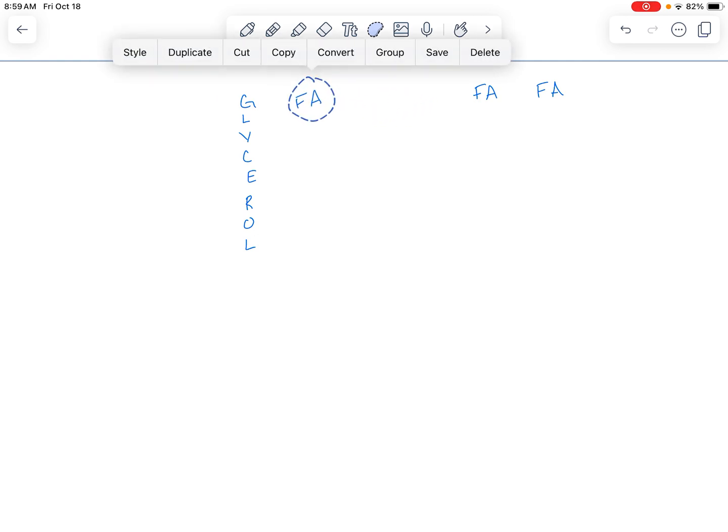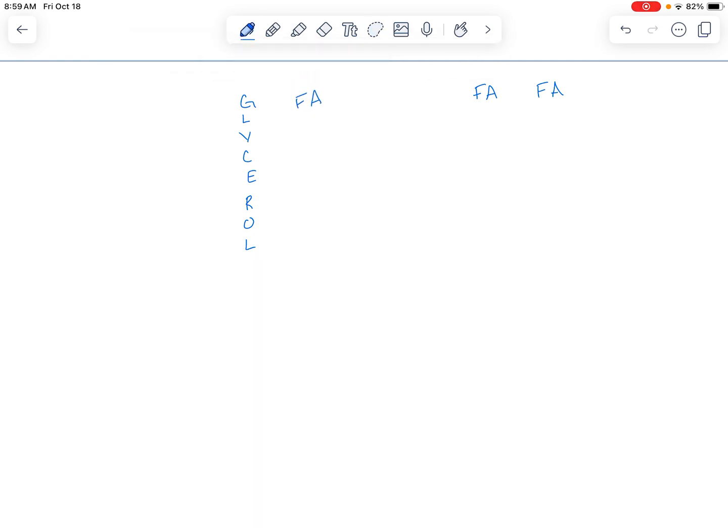If I want to build a lipid, I've got glycerol, and I've got 3 fatty acids, right? If I want to build this lipid, take that fatty acid, and I've got to make a bond right here. Got to make a bond right there.